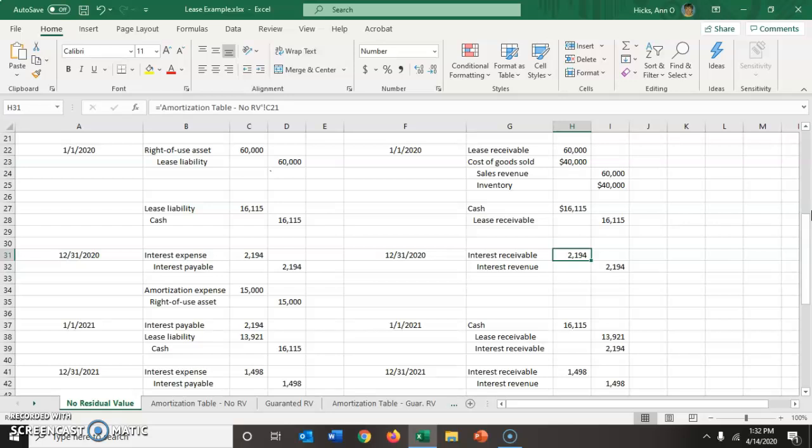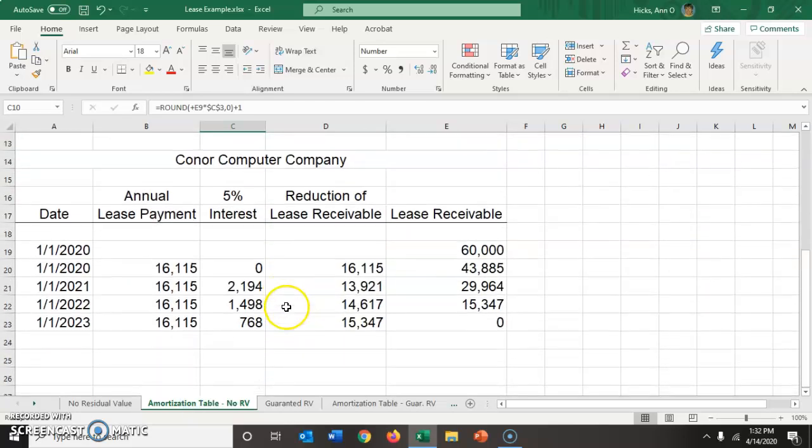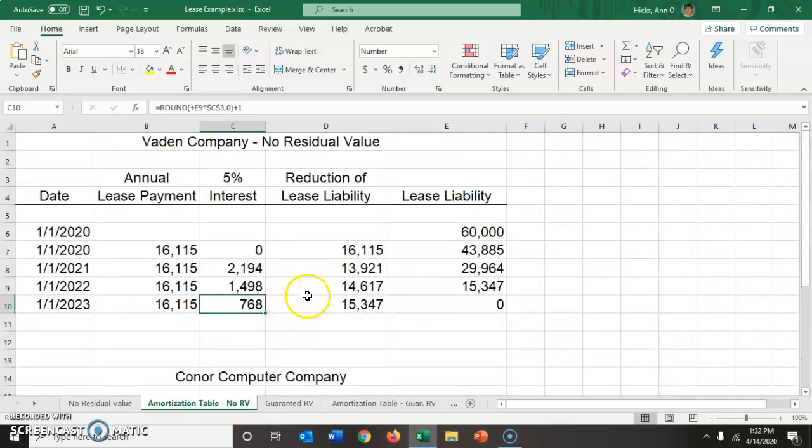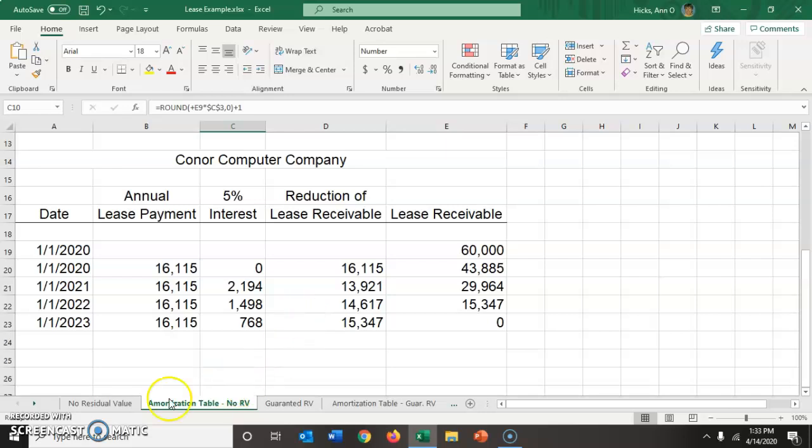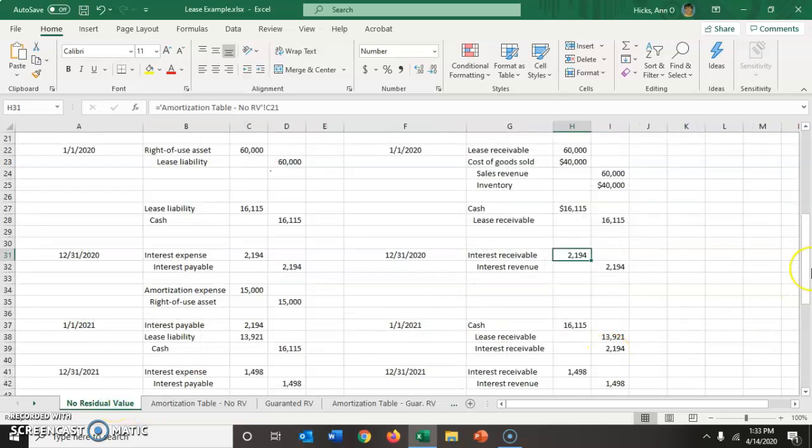We're going to debit interest receivable and credit interest revenue for the amount from the amortization table. I've done two different amortization tables for the two companies. In this scenario, they are exactly the same, but they would not always be. So we'll get to that in a future example.